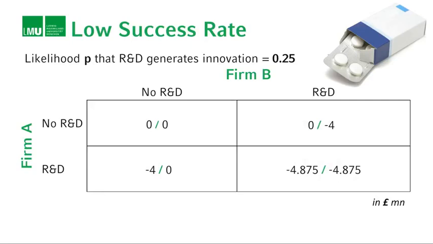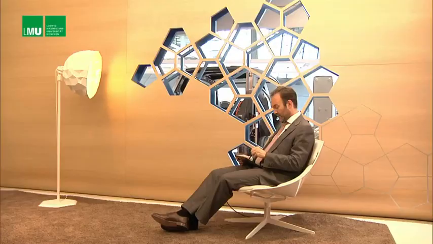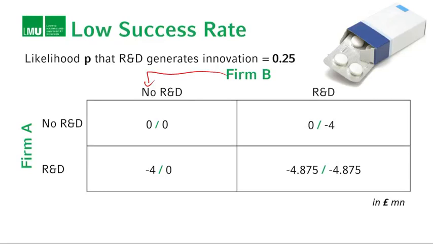So to be concrete, if firm B does not do R&D, then firm A's expected profits are going to be minus 4 million, and so on and so forth. So let's have a look at what the Nash equilibrium or Nash equilibria of this game is. If firm B does not do R&D, firm A can choose between minus 4 and 0, and they're going to go for 0.